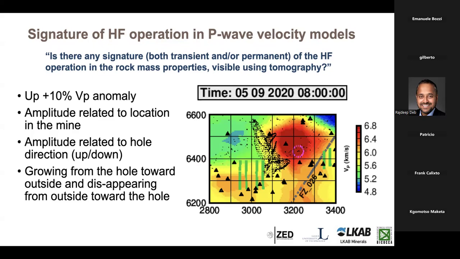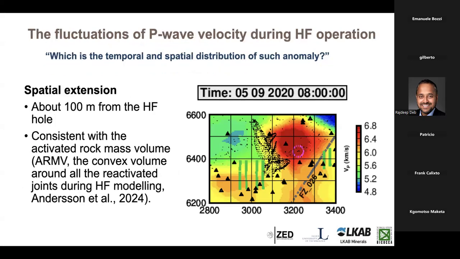Is there any signature? Yes, there is a signature in the velocity model, and it's visible through seismic tomography, in some cases depending on the hole location. If we look at the spatial extension of this anomaly, it always goes about 100 meters from the hydrofracturing hole.